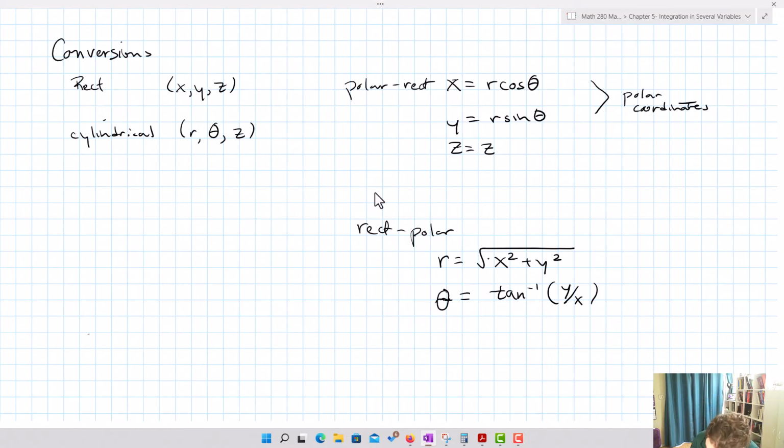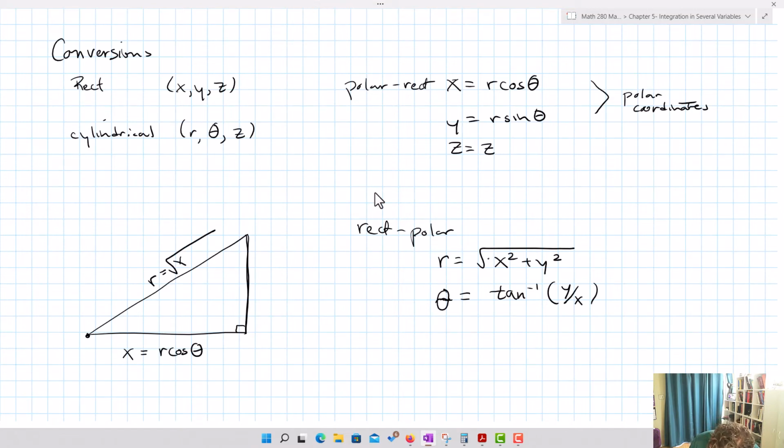And so, as we look here, on the r theta plane, which is the xy plane, we're going to imagine that we have a triangle. If we just think horizontal distance, this is x, it's going to equal r cosine theta. This distance here is r, which is going to equal the square root of x squared plus y squared.